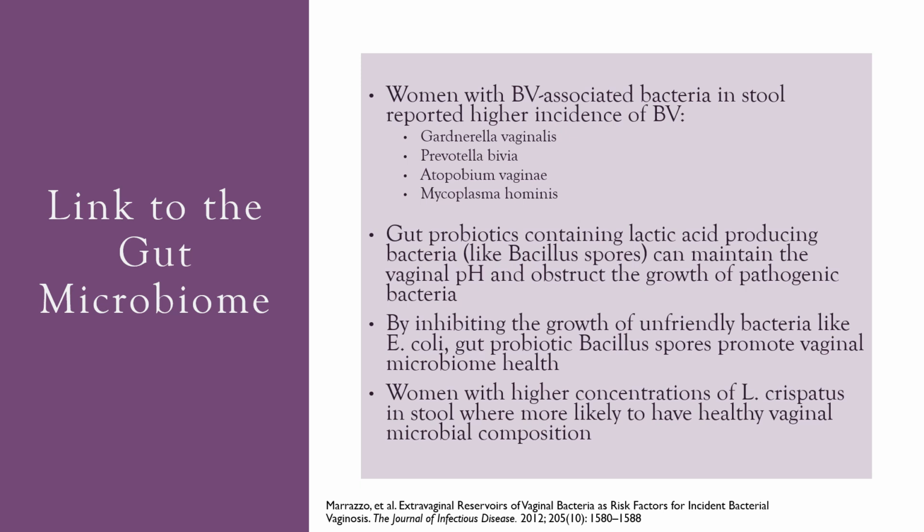By inhibiting the growth of unfriendly bacteria like E. coli, gut probiotics like Bacillus spores can help promote vaginal microbiome health by supporting healthy gut microbiome health. Women with a higher concentration of Lactobacillus crispatus in their stool were more likely to have healthy vaginal microbial composition.